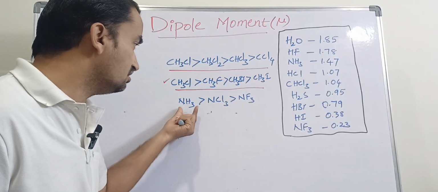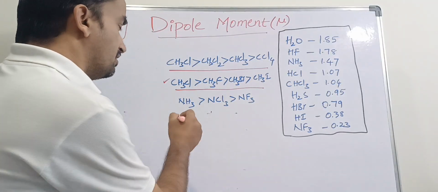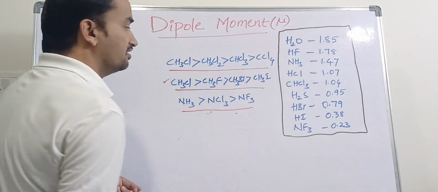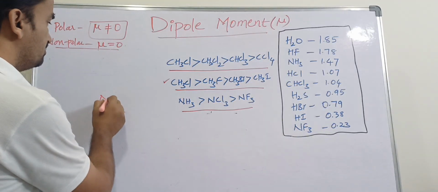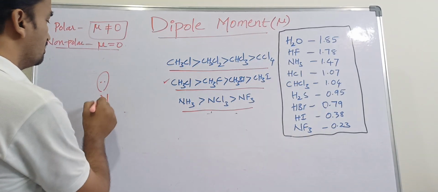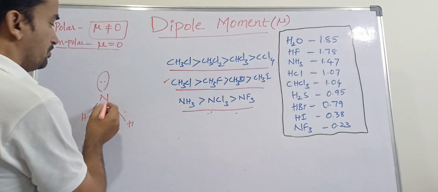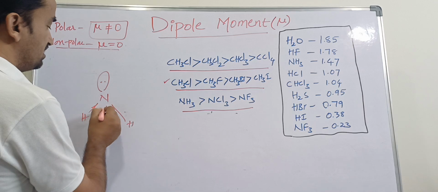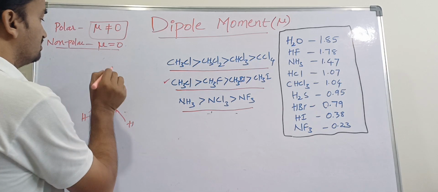Now if you compare the dipole moments of NH3, NCl3, NF3, the order of dipole moment is NH3 greater than NCl3 greater than NF3. In NH3, the lone pair will be there, like the hydrogens. Because nitrogen is more electronegative than hydrogen, the direction will be like this, and this will also be in this direction.